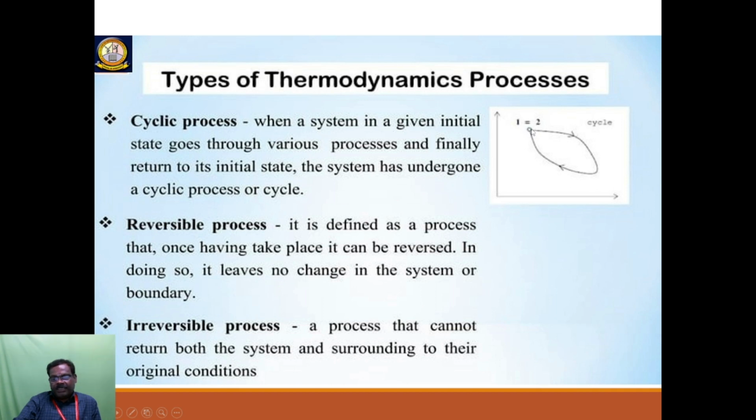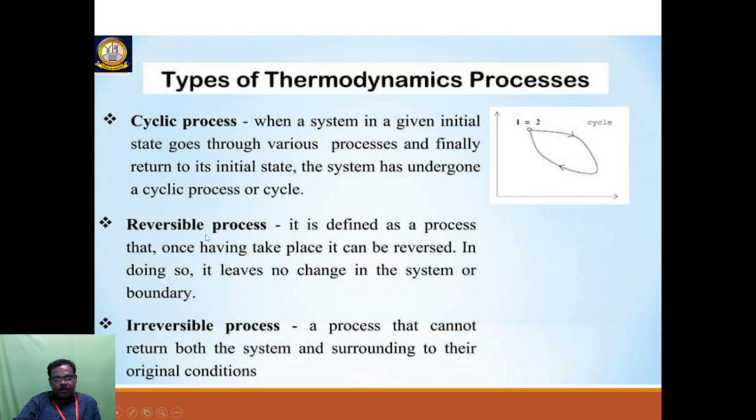You have initial state 1, it goes through one process, then another process, but at the end it comes back to the original state. That is called a cyclic process. So in a cyclic process, the initial state and final state are equal.